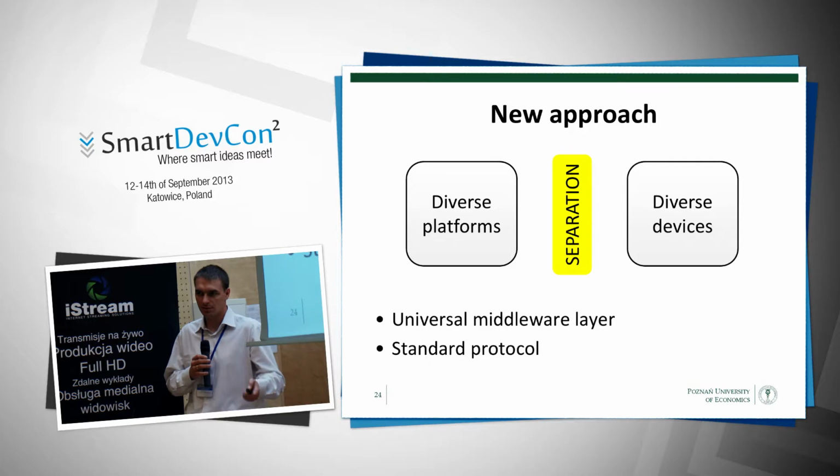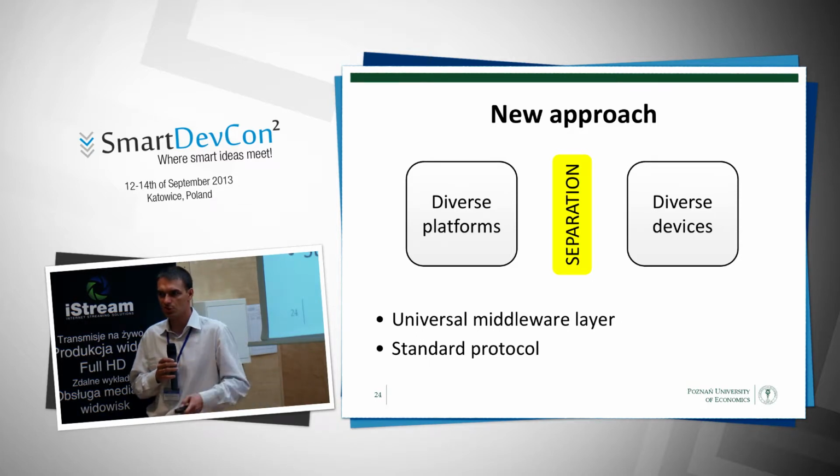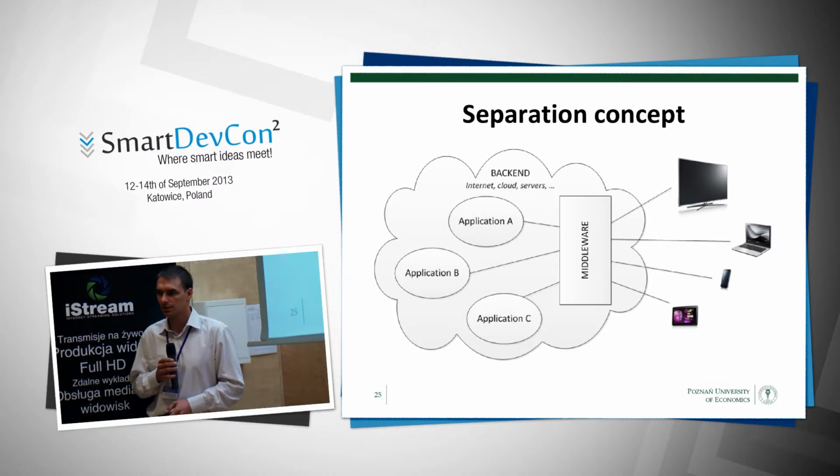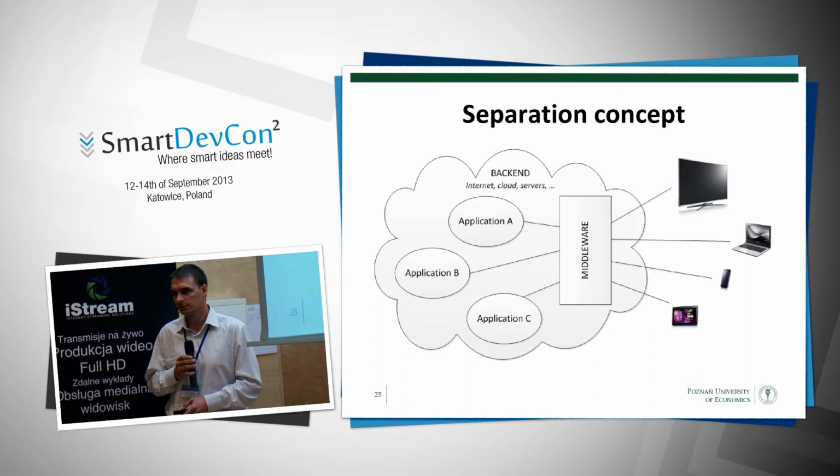So using this approach to separate those two concerns, we came up with the concept of separating applications from devices. We can put something between applications and devices to make those two transparent to each other.